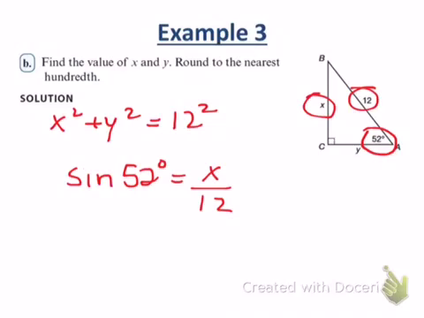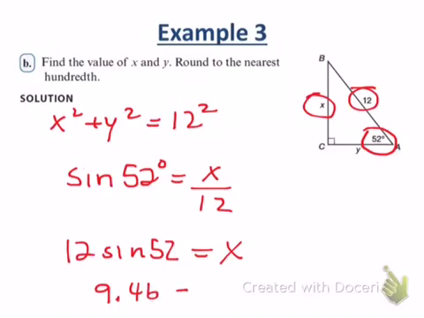And then we cross multiply and we get 12 times the sine of 52 equals x. And what value does that give us? 9.46 is an approximation for our value there. Okay. Now, that's pretty easy, right? You just have to identify.